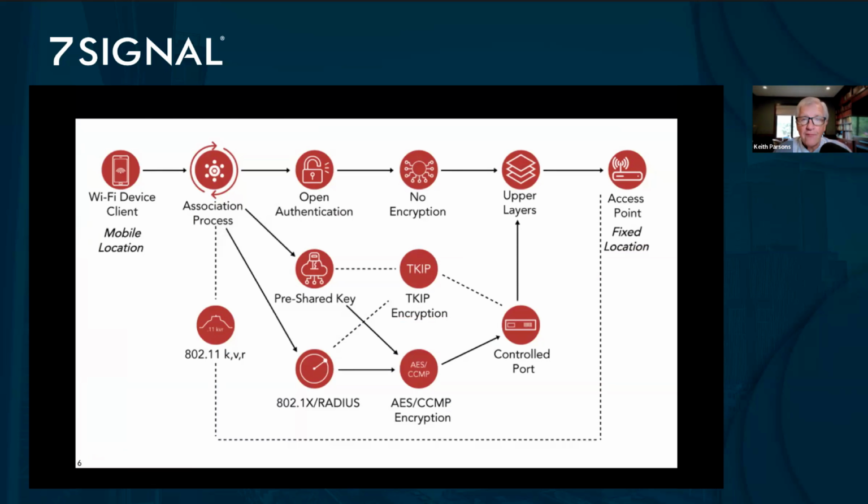If we look just at the bottom part here, this is how an association happens. Now, this isn't every single cycle, like the little RF medium was for every single frame that has to have a transmit. This is only every time a client wants to join an SSID. And it's going to go through a series of processes. The client device may be in a different location. It moves. It then chooses, I want to associate, I'd like to join Wi-Fi. And then it goes through a process and it listens.